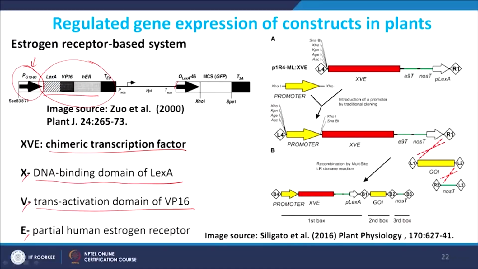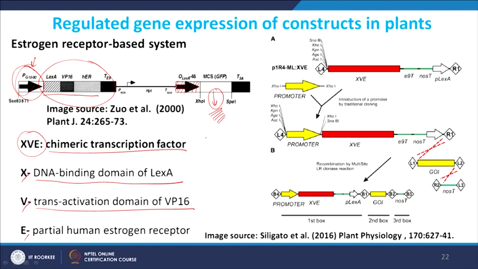So, here you can regulate both ways, and what you do is put a LexA binding site just upstream of a basal promoter, and then put your gene of interest, whatever you want to express: an overexpression construct, an RNAi construct, an artificial microRNA, whatever construct you want. Then what will happen: normally this promoter will drive expression of the XVE protein, but this protein will not enter the nucleus because of the estrogen receptor.